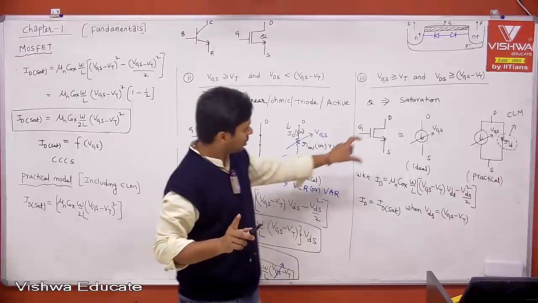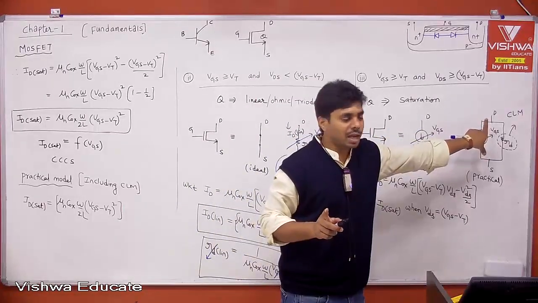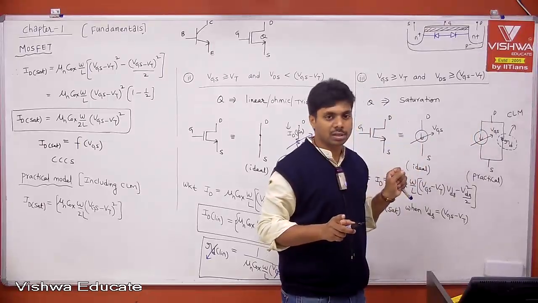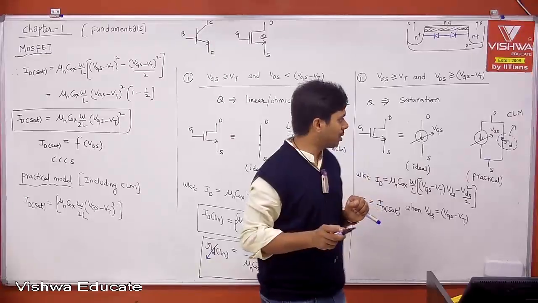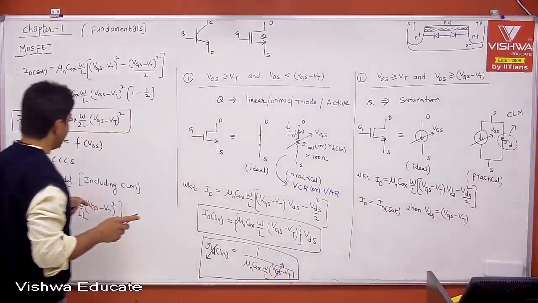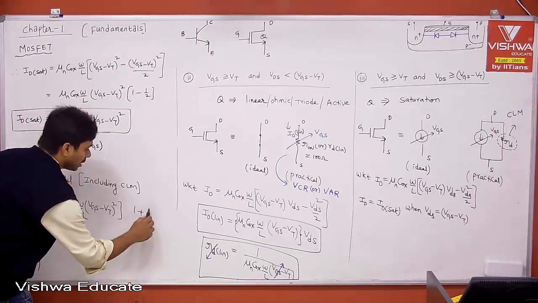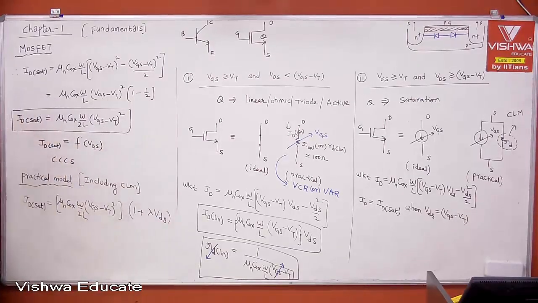I told you this is a current source. Now, for a practical current source, we need to take the internal resistance of the MOSFET, which is the dynamic resistance small rd, due to channel length modulation. Therefore, for that practical model, people added 1 plus lambda into VDS, where lambda is the channel length modulation parameter.